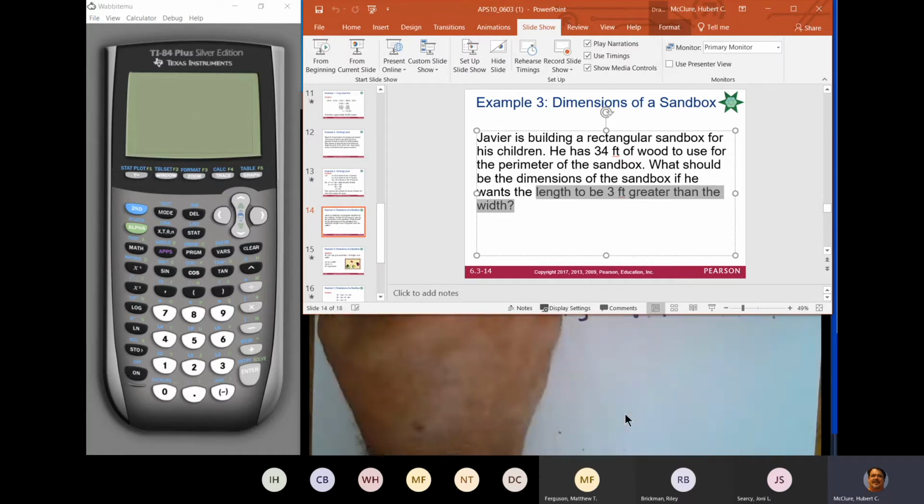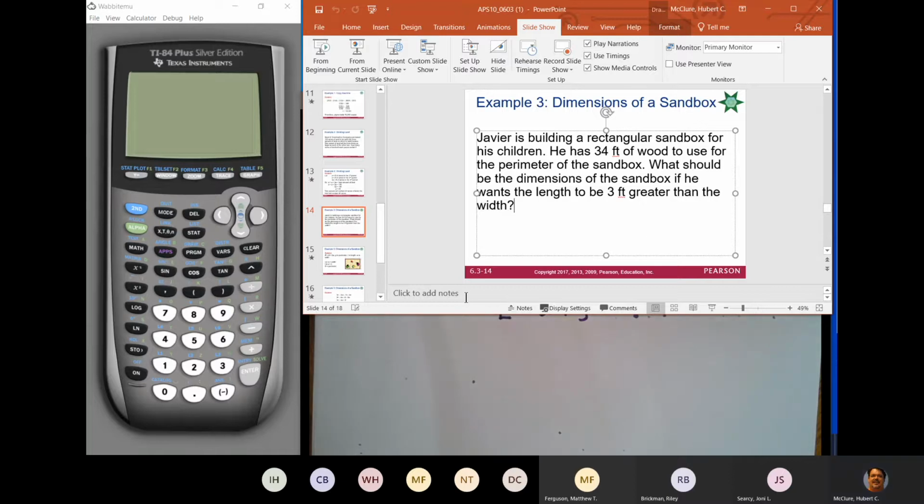And this is W right here. So now we know that the perimeter, 2L plus 2W, is equal to 34.